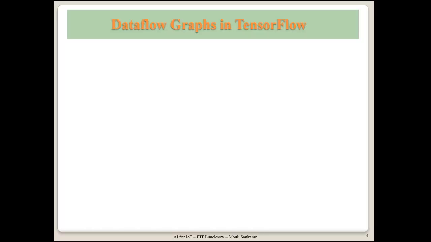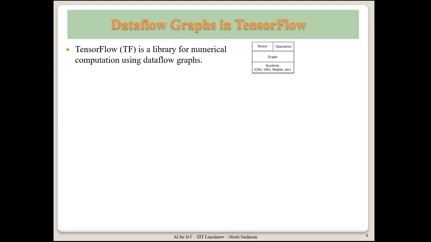Now TensorFlow is a library, of course, with a lot of APIs exposed to users, and it uses a graph inside to represent the operations that it is performing. That graph is called a Dataflow graph. It is a representation like our program.